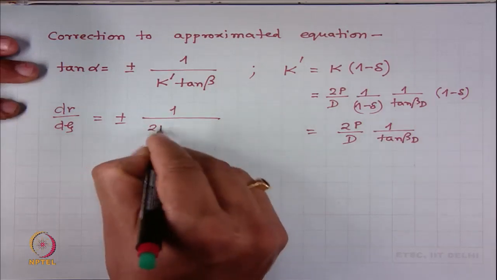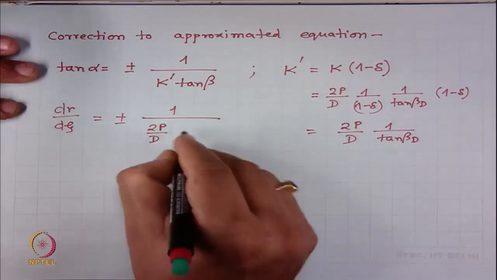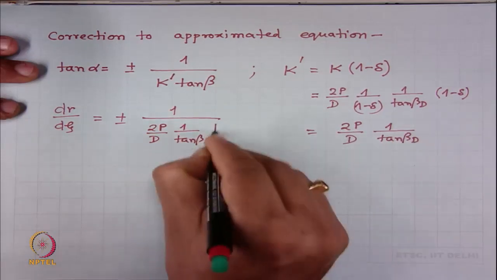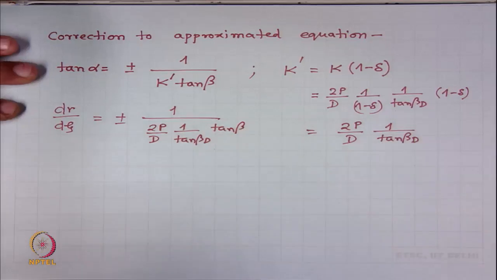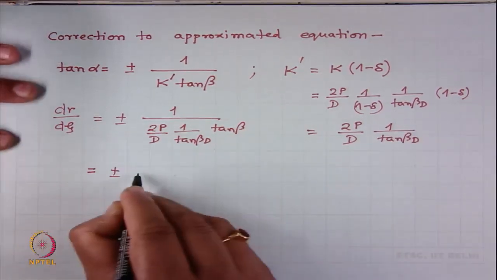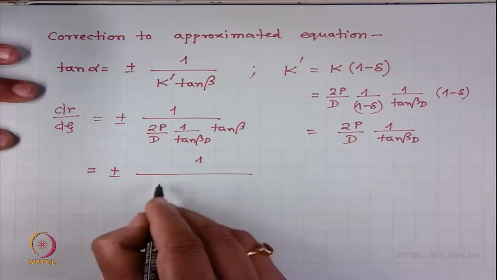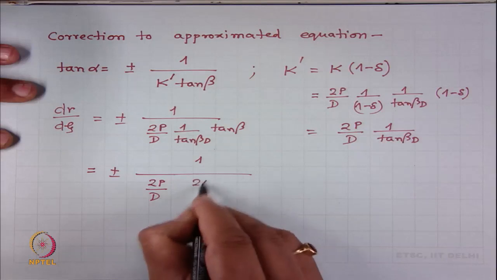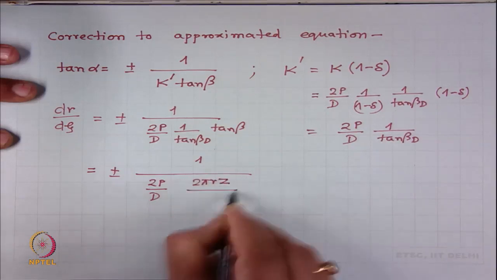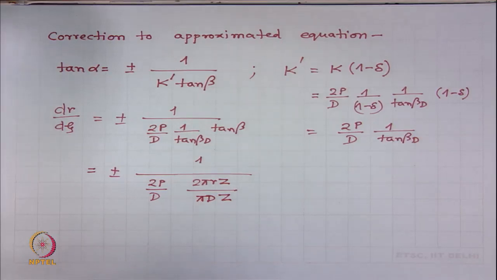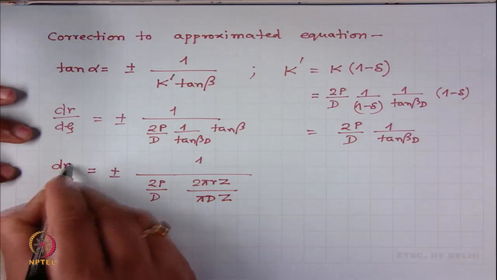So, 2p by d, 1 by tangent of beta d into tangent of beta. Okay. So, let us see what is happening in the right hand side. 1 by tangent of beta 2 pi r z, tangent of beta d pi d z. Okay, that is equal to this.